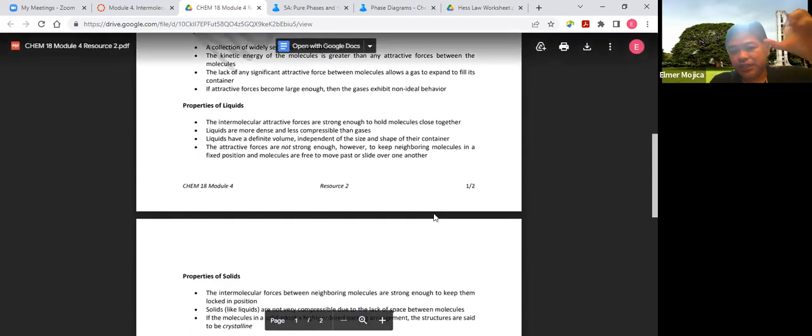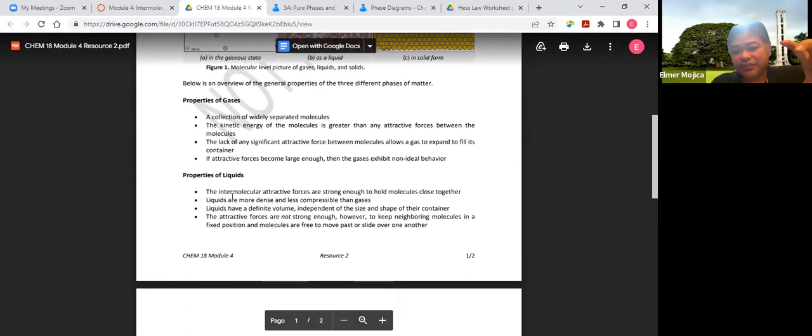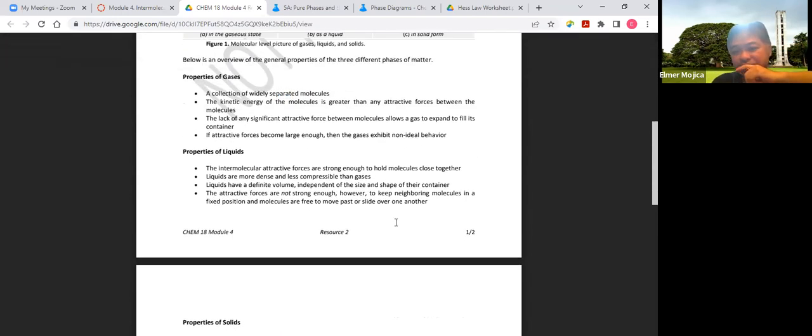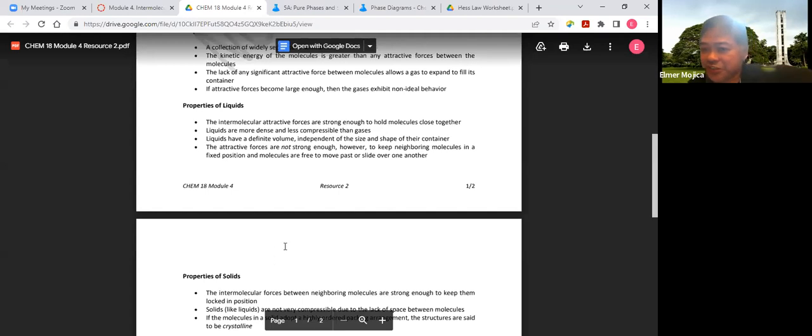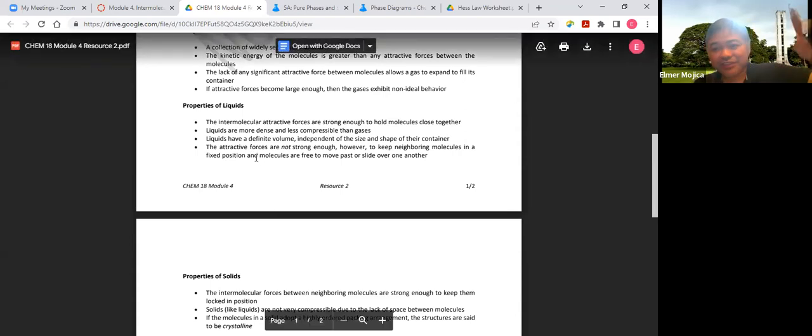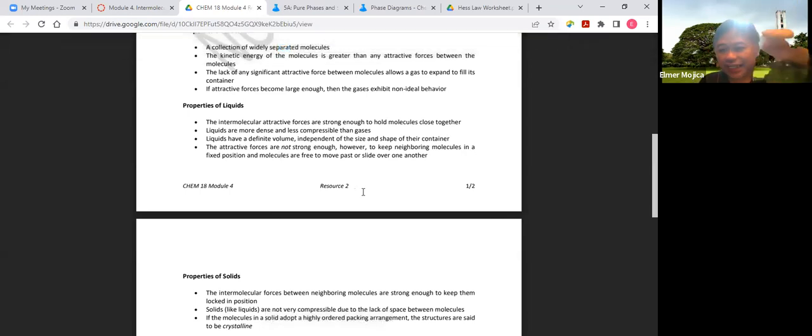So, ang main difference ng gas doon sa liquids at saka sa solid is the absence of IMFA. Ano sa solid? Definite shape, definite volume. Right? Sa liquid, definite volume but not definite shape.